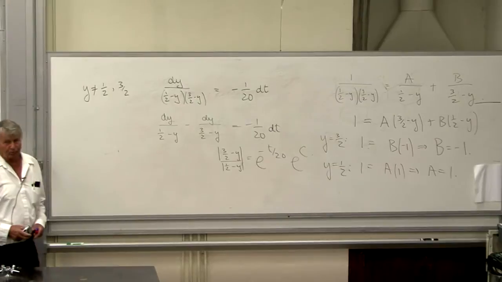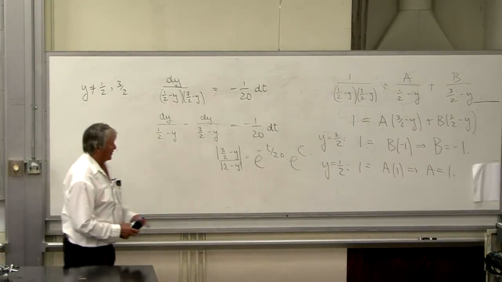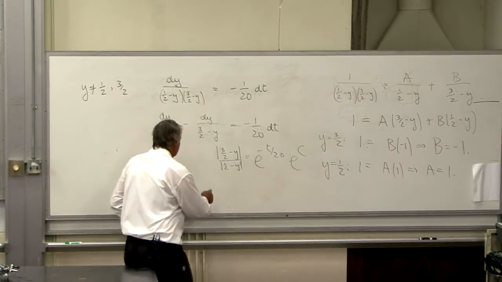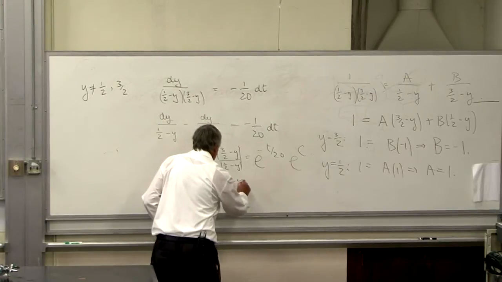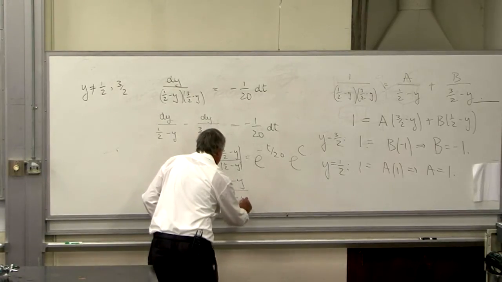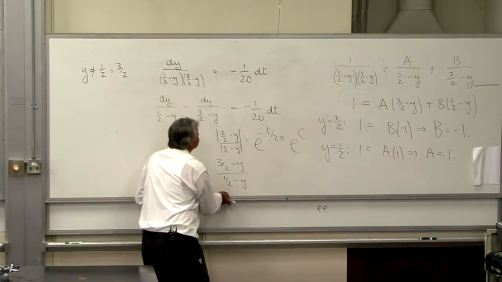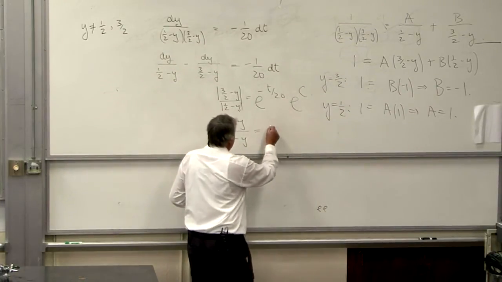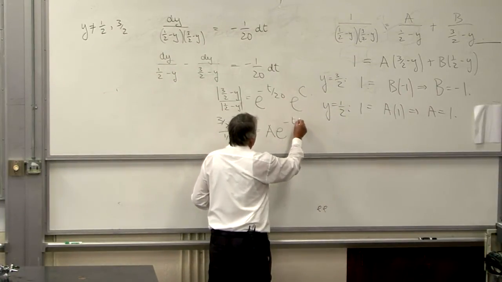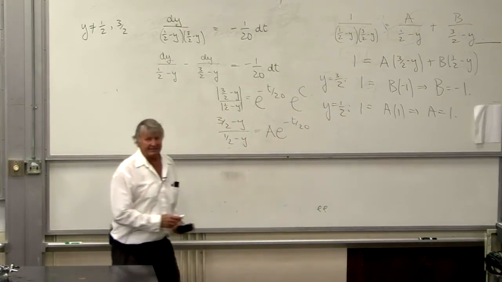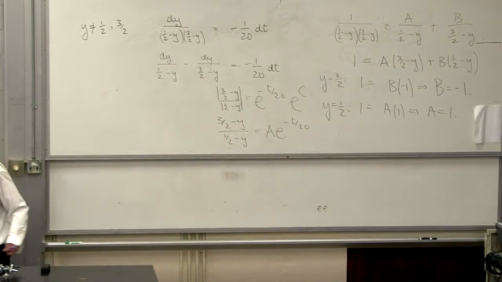To take the absolute value bars off, I have to allow a plus or minus here. So it'll be (3/2 minus y) over (a half minus y) equals A e to the minus t over 20.